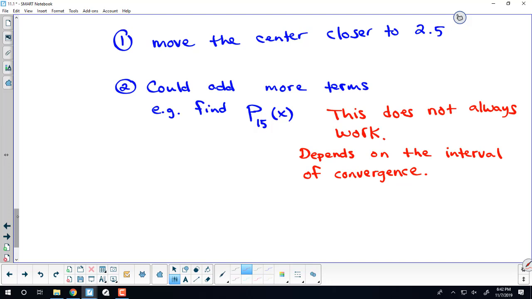Some functions, power series that we look at, converge for every value of x, so no matter what value of x you put into the series, it will always converge to that function. Some power series, however, have a very limited window in which they converge to a function. So for e to the x, we'll see, I think in the next section, that the power series, or the Taylor series, for e to the x converges for all values of x.